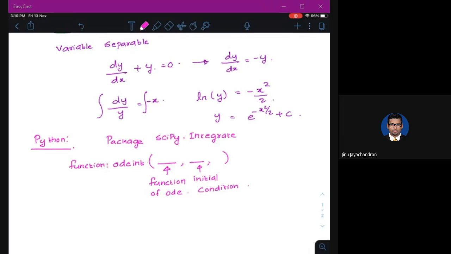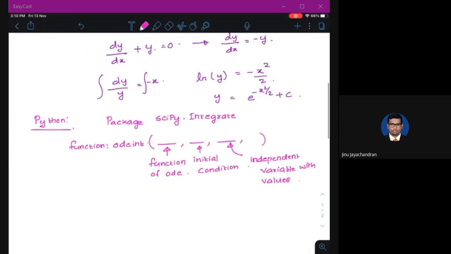The third argument is the variable, in this case the independent variable, with values to be evaluated. And you can additionally give extra arguments, which we are not going to discuss.